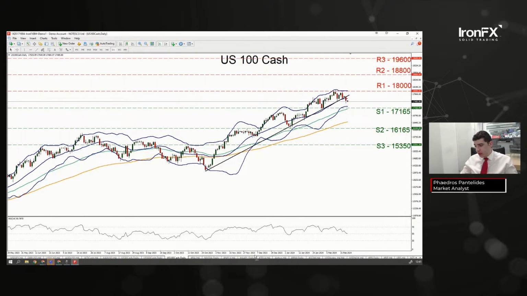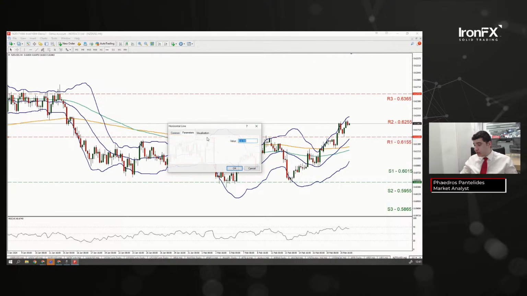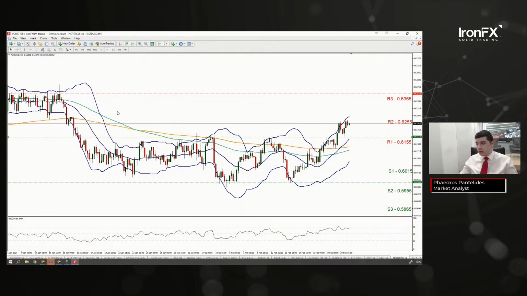What else should we have a look at? Then the Aussie, we could do the Kiwi as well. So this is resistance turn to support at S1. Now, in terms of R2, in terms of R1, could have R1 here.